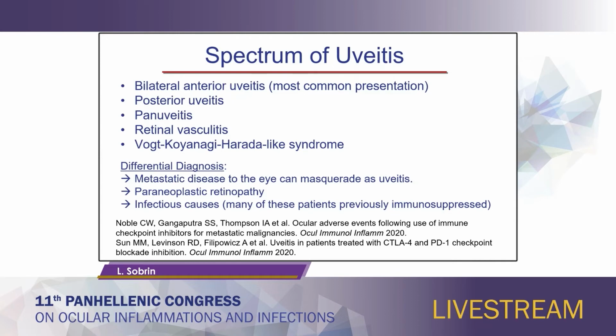In patients that present with more unusual features without overt inflammation, we need to think about paraneoplastic retinopathy, which can be induced by these agents very rarely. And finally, many of these patients have been previously immunosuppressed for their cancer by different cancer agents, and so infectious causes of uveitis should also be considered before jumping to making the diagnosis of checkpoint inhibitor-induced uveitis.